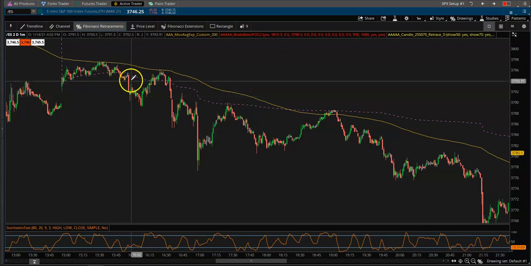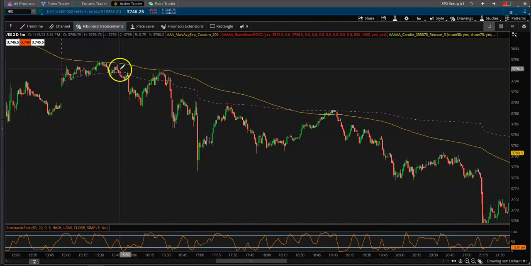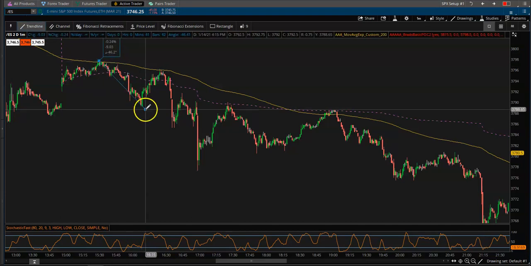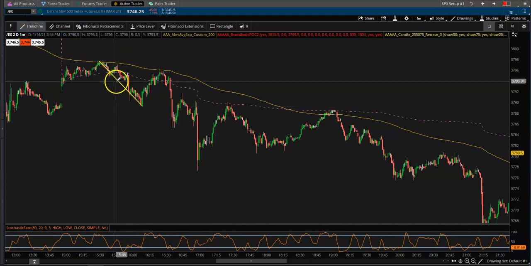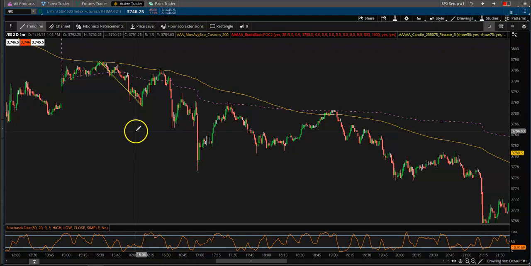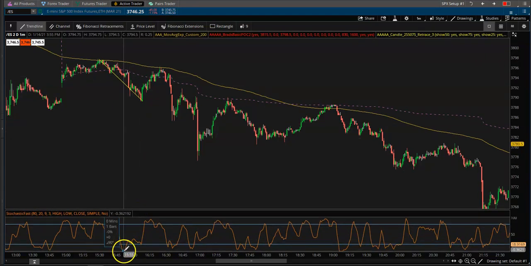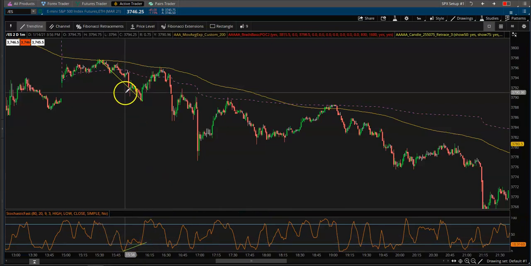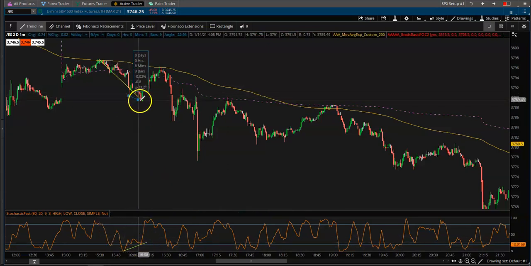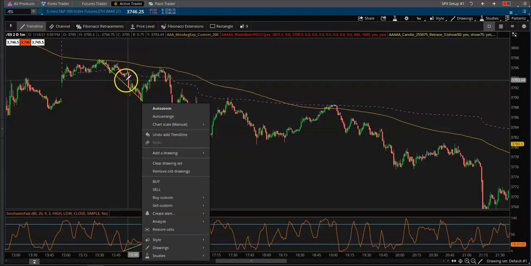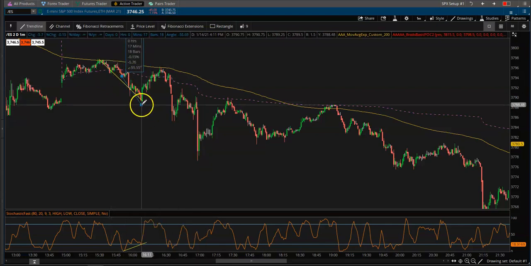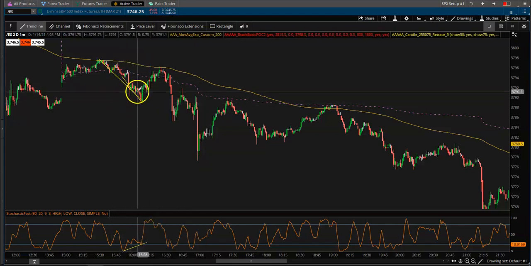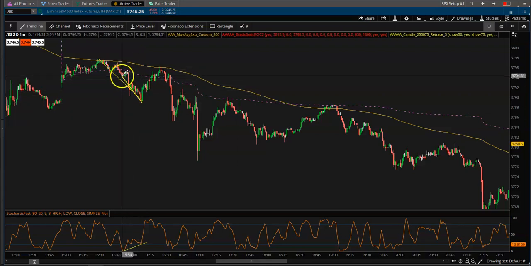Now, with that being said, this is where we want to grab our Fibonacci tool, okay? And this leg right here, okay, this is one leg. As we could see, if we look down here at the stochastic, we actually have divergence from, we'll say this low all the way down to this low right here, right?